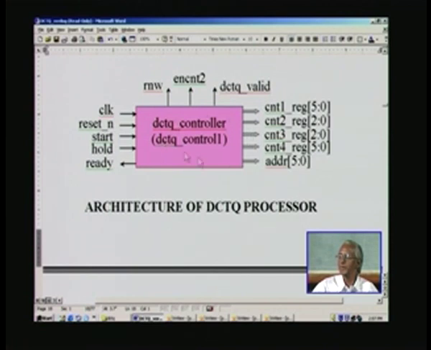The system clock for the DCTQ processor is here, and you need a reset to reset the whole system, that may be internal registers which we need to reset, and in fact all the variable signals that we have inside will be reset by the standard always block. You need a start in order to start the DCTQ processing, as I mentioned right at the beginning of explaining the signals, and you also need a hold signal, and ready is issued by the DCTQ processor, primarily generated here at the controller.